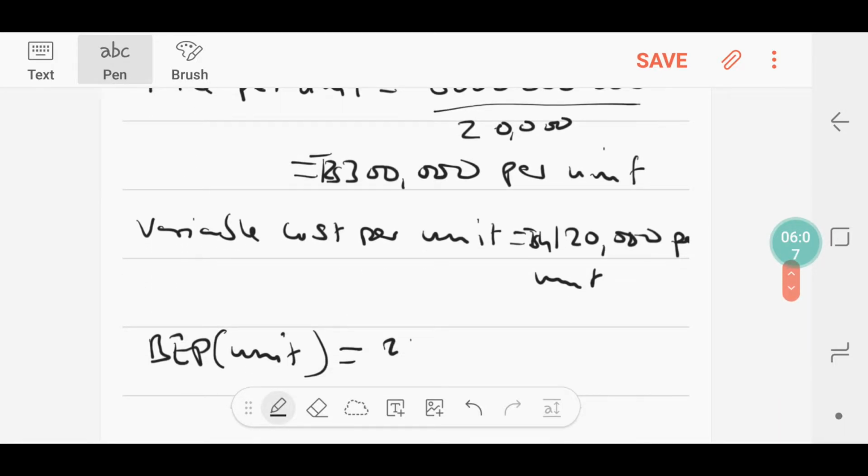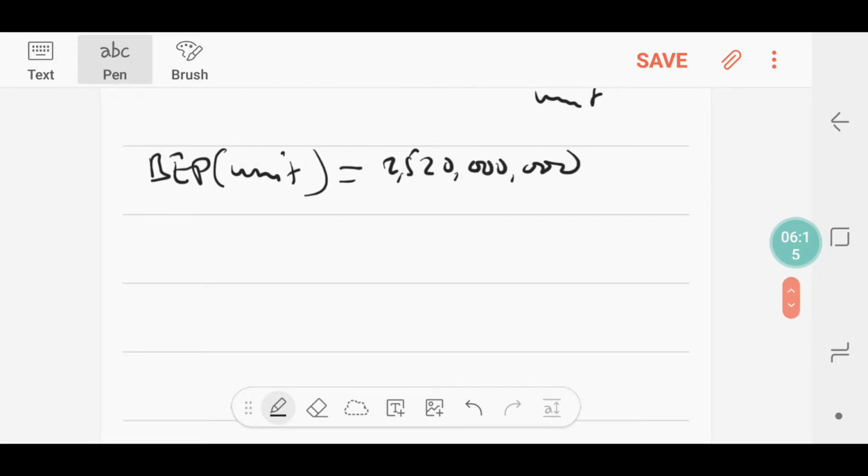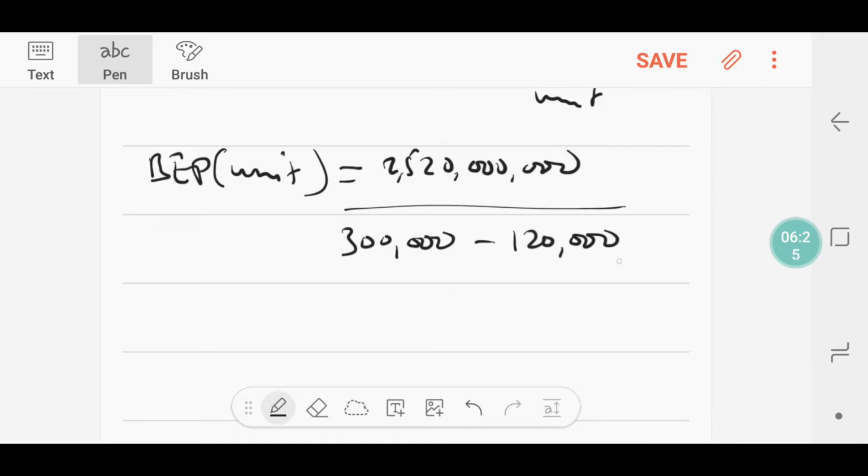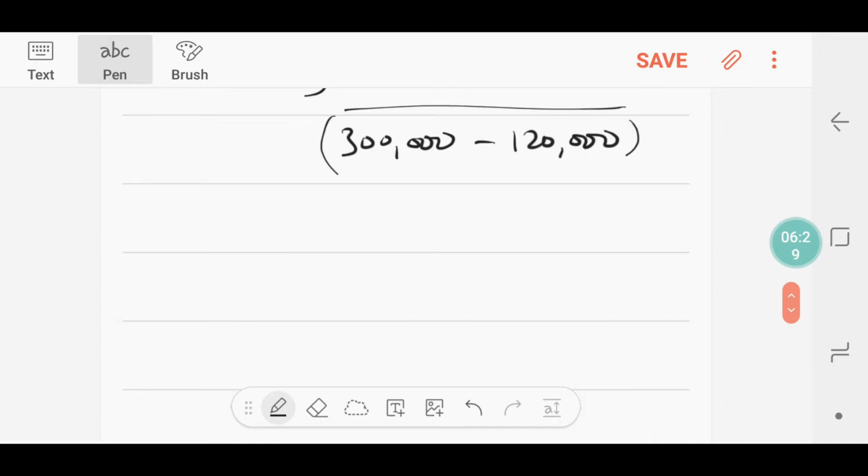So using these figures, break-even point in units is equal to fixed cost, 2,520 million, divided by 300,000 unit price minus 120,000 variable cost per unit. Here we are calculating contribution.